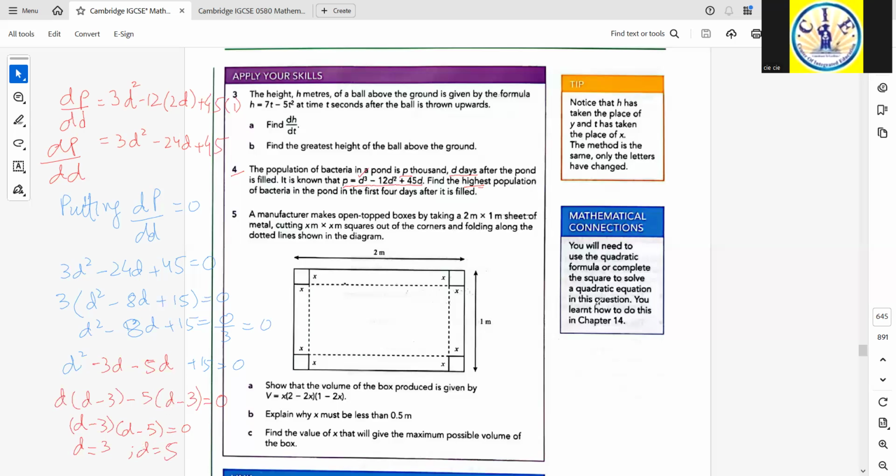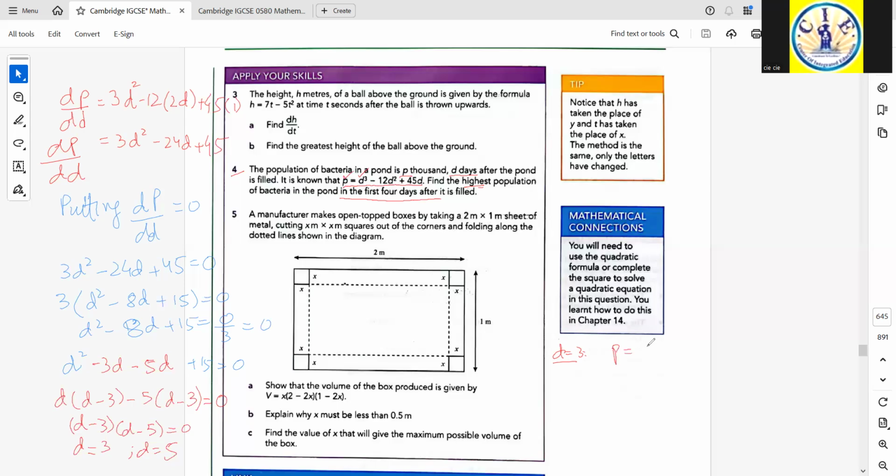So now, when we have got these two values of the days, in the first 4 days after it is filled, we will be replacing d equals 3 into this population term.